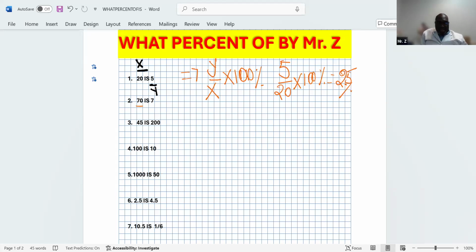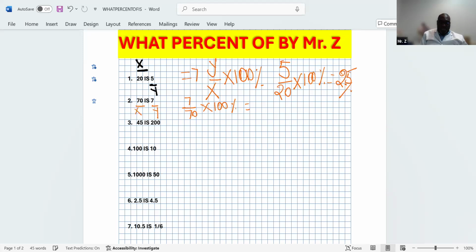We're going to call 70 x, and 7 is y. So we're going to do y divided by x multiplied by 100%. So you're going to do 7 divided by 70 times 100%.